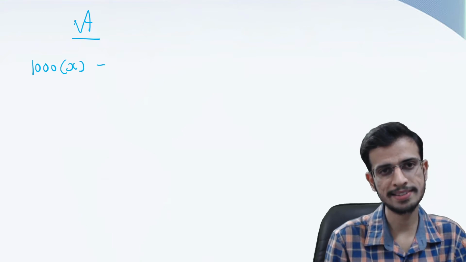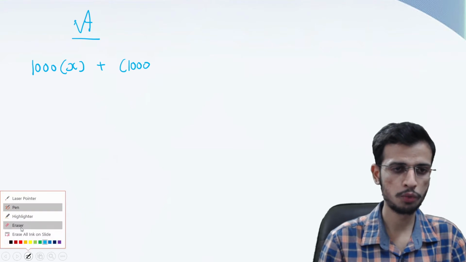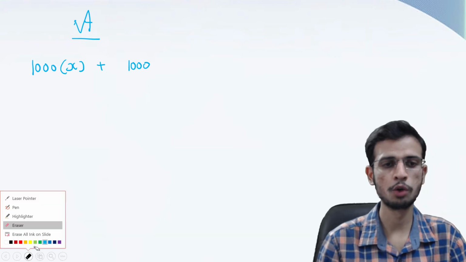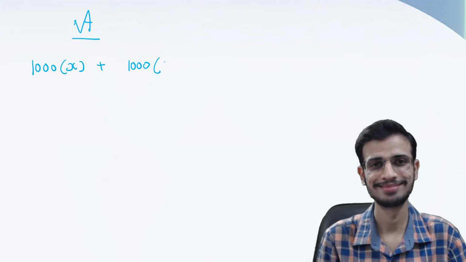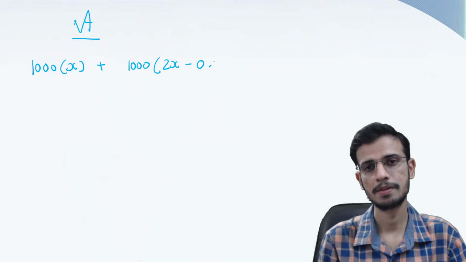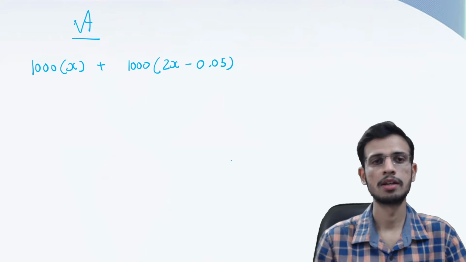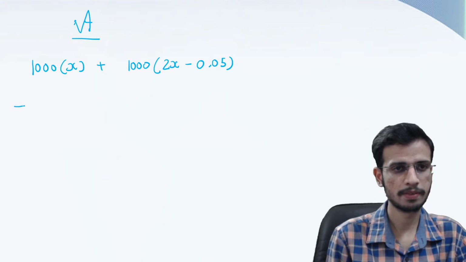1000 times x plus 1000 times 2x minus $0.05. Sorry, $0.05. Yes, you can just simplify this.